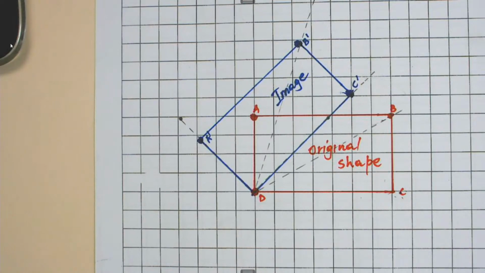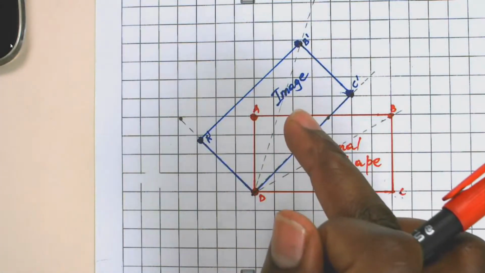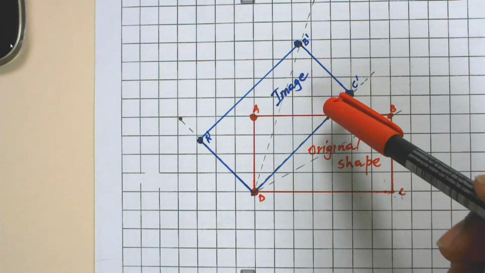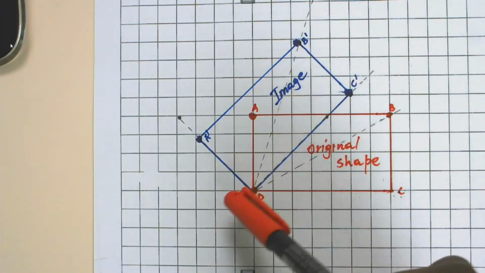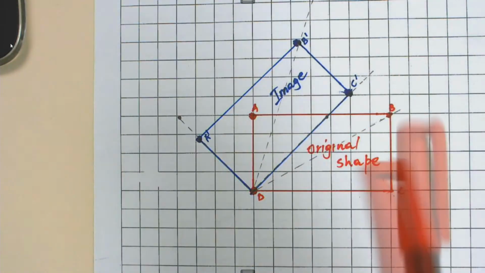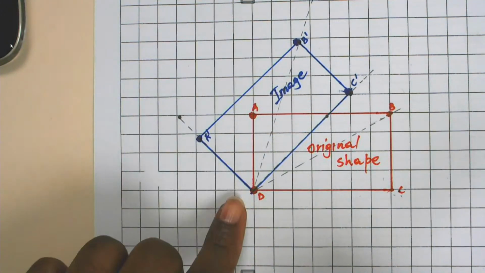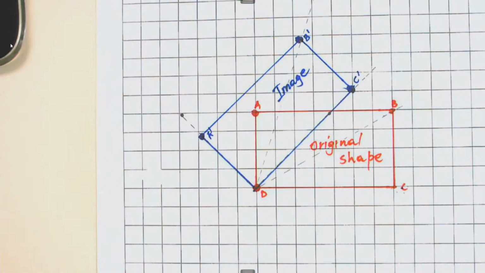After having measured the angle that is supposed to be rotated, remember, it is not yet a point. You just put a dot so that it gives you a direction. Then take a ruler, measure the distance between the original point and the point of rotation, and make sure that you move it along that line.